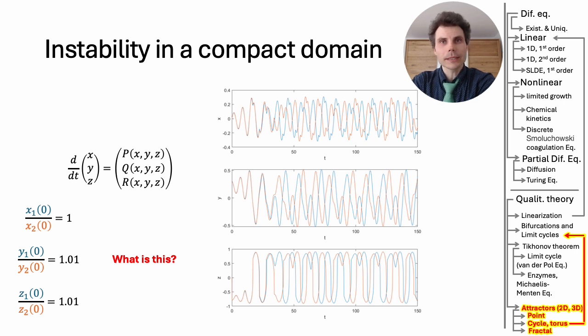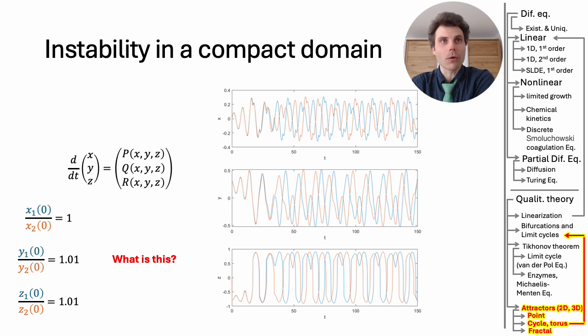We know how a system can be unstable in a point and yet be bounded. It's the example of the limit cycle. All the trajectories are spiraling away from the origin, and then all of them approach the same cyclic trajectory, the limit cycle. But here, Lorenz found something surprising.